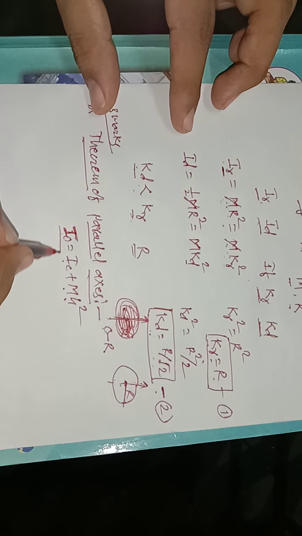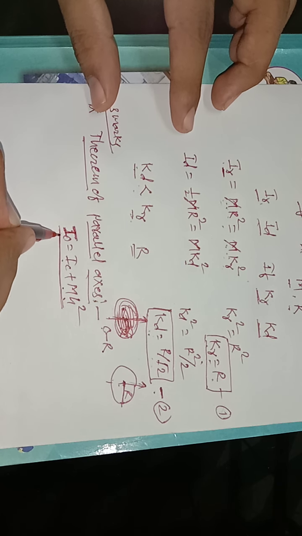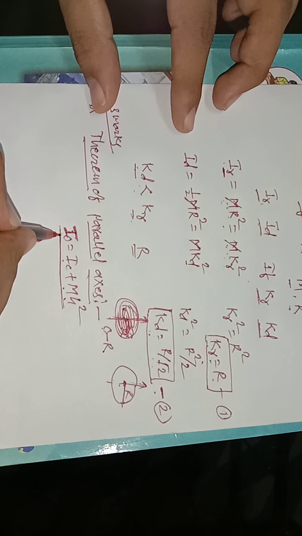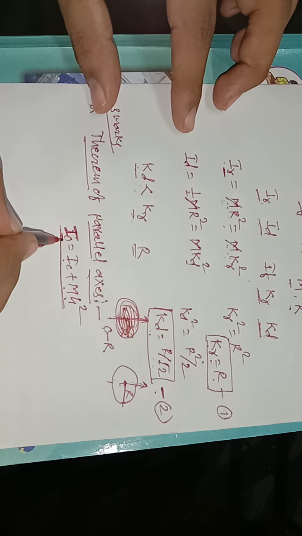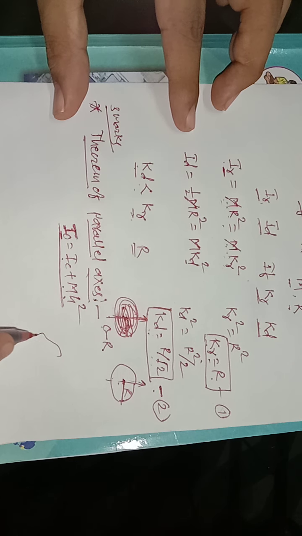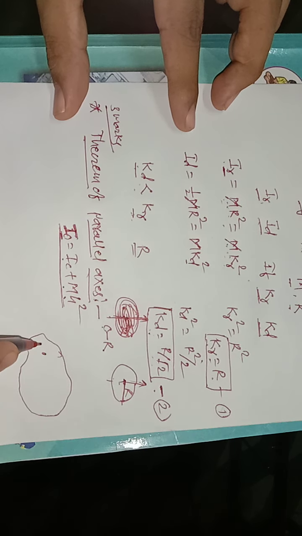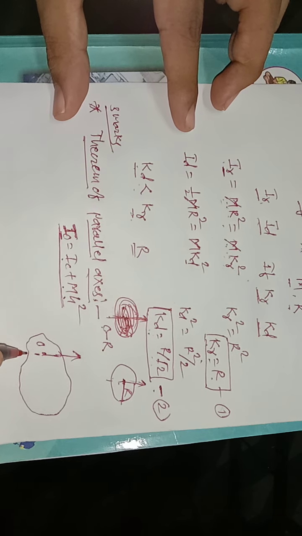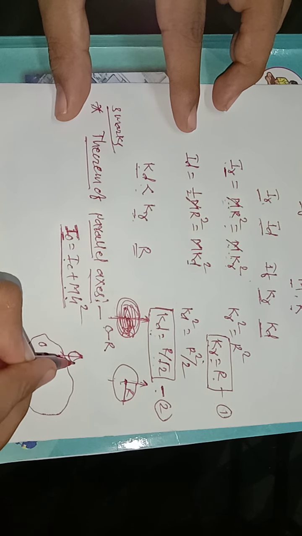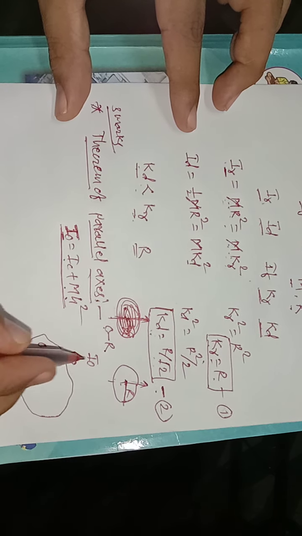So what is the statement? From this equation we can write the statement. The moment of inertia of an object about any axis, O is any point. Suppose this is a body, this is point O, any object, axis of rotation. IO is the moment of inertia about this axis.